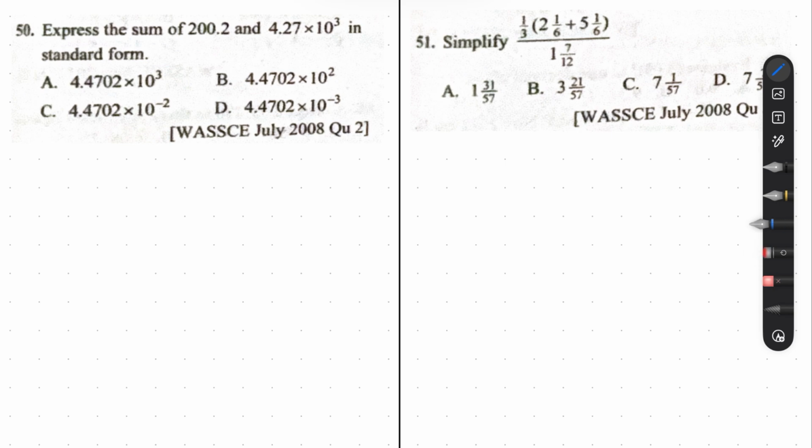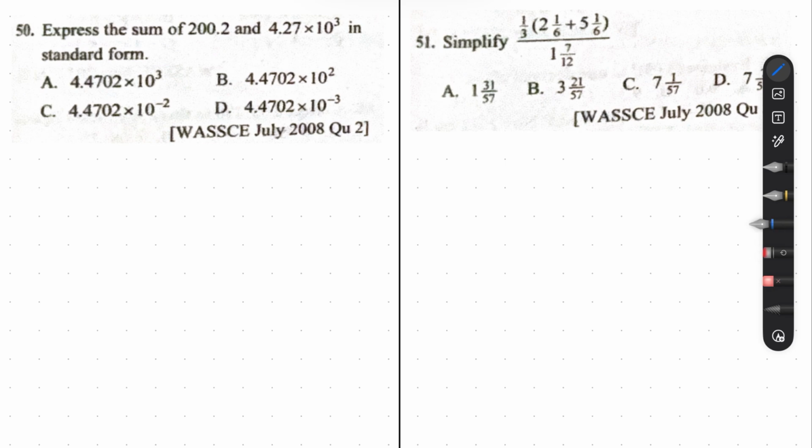In order to add these two numbers, you have to make sure they are all in the same form, right? So either you change this into a power of 10 to the power 3, or you change this to normal decimals. We change this to normal decimals. This is the easiest. We change this to normal decimals and then we add it to 200.2, right? So how do we change 4.27 times 10 to the power 3 into decimals?